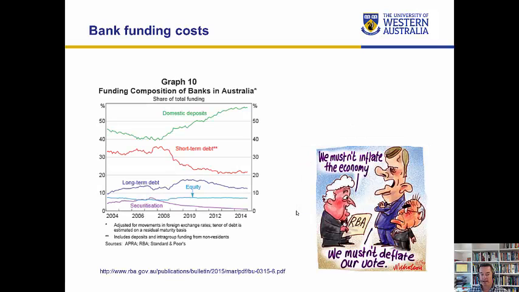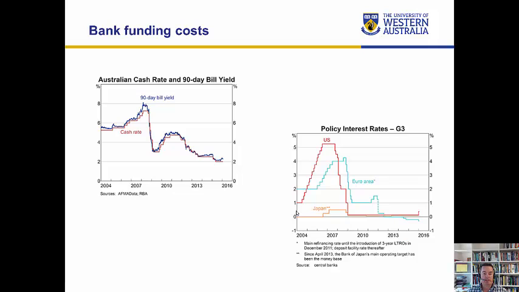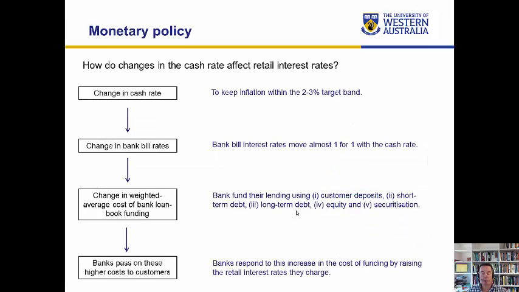What I've got in this graph is the change in the funding composition of Australian banks. So you certainly need to know how a change in the cash rate flows through and affects mortgage interest rates, and the complexity that I've just gone through.